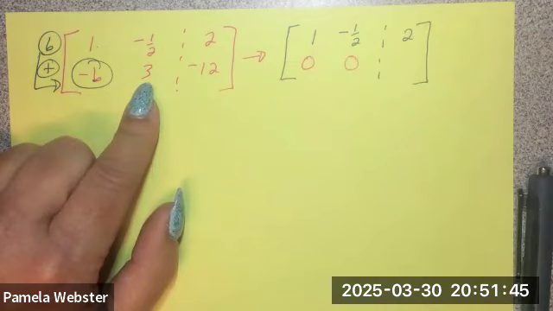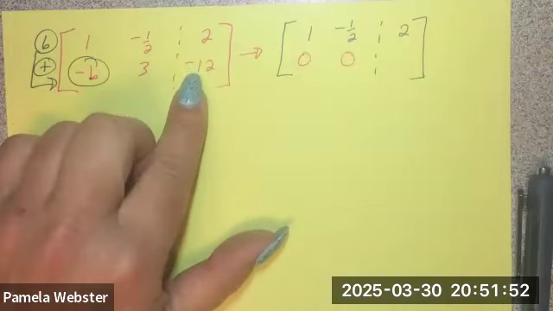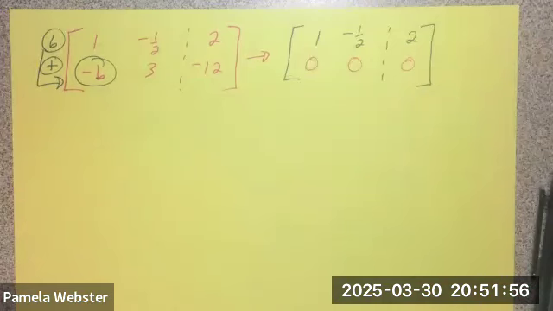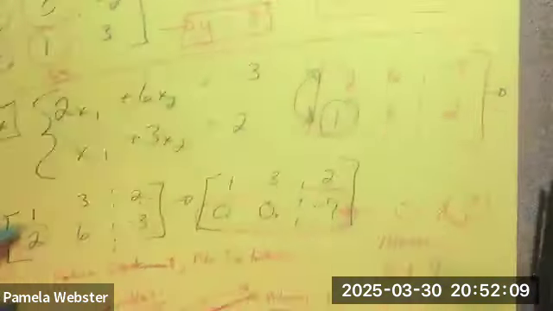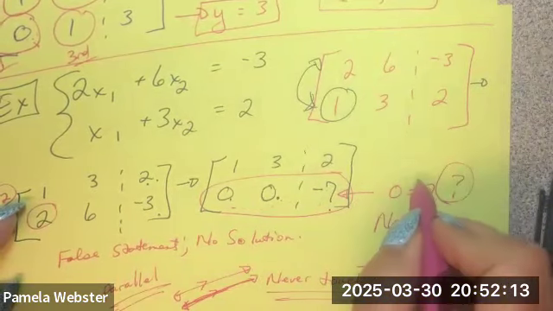But don't stop, because you don't know what happens until you do the last one. So 6 times 2 is 12. 12 plus -12 is 0. This is not the same situation we had a minute ago, right? A minute ago, I had 0 equals -7.